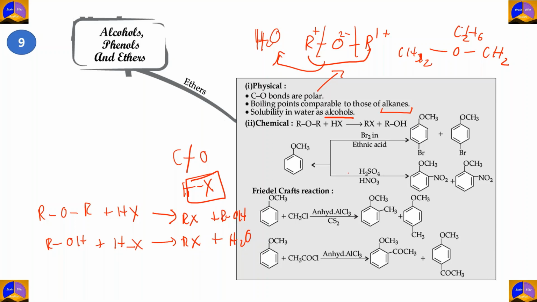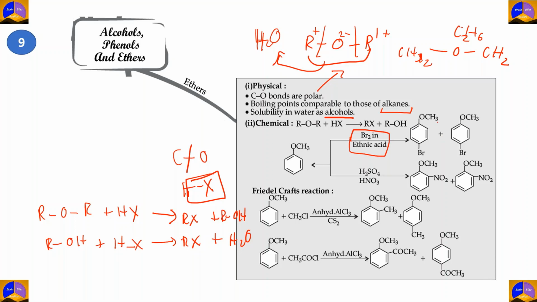So let's look at a reaction here. We have an ether known as benzyl methyl ether. This compound is divided into two reactions. The first reaction is with excess bromine in ethanoic acid.